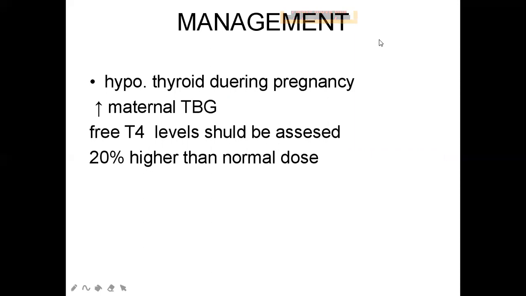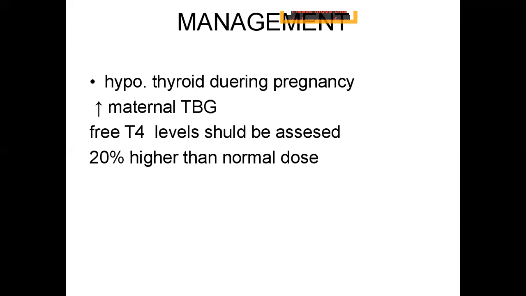And we already discussed the management of hypothyroidism in pregnancy. It is very important because in pregnancy, normally maternal thyroid binding globulins are increased. So the total thyroid hormone is normal also.